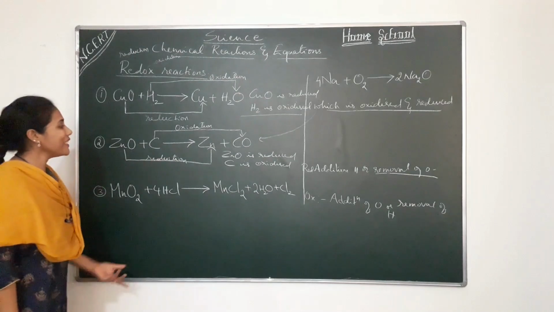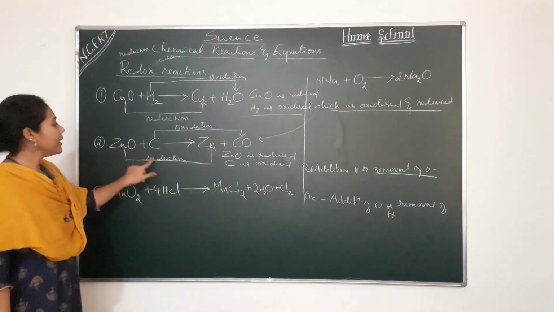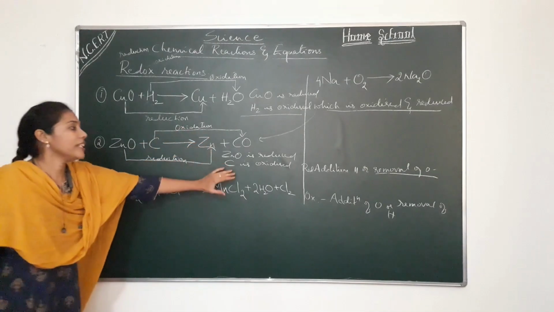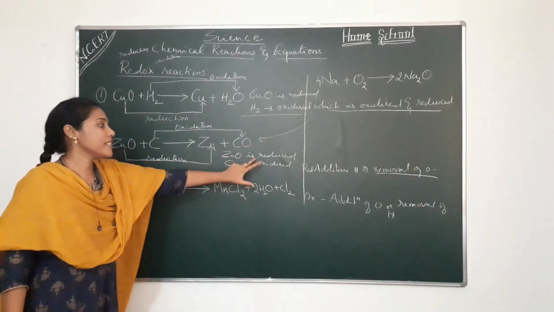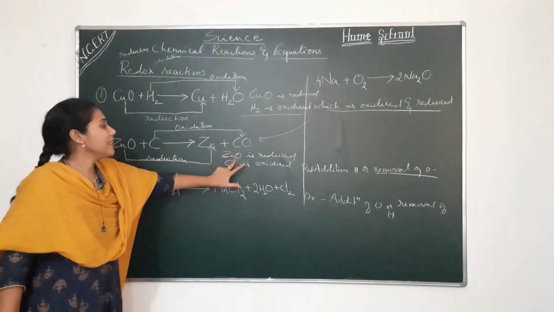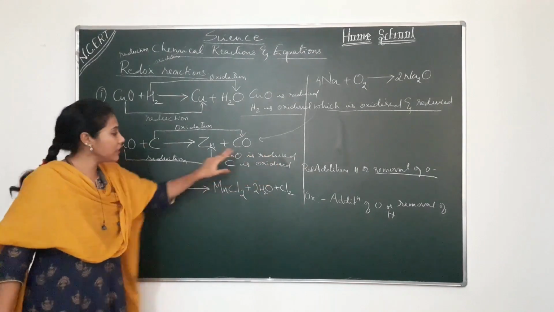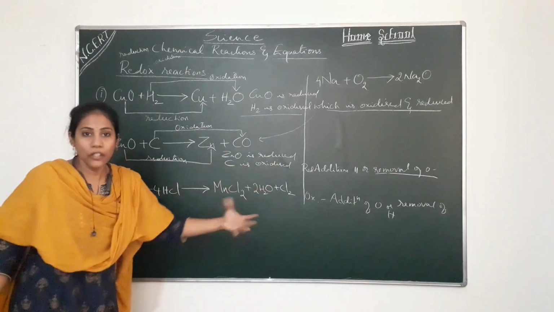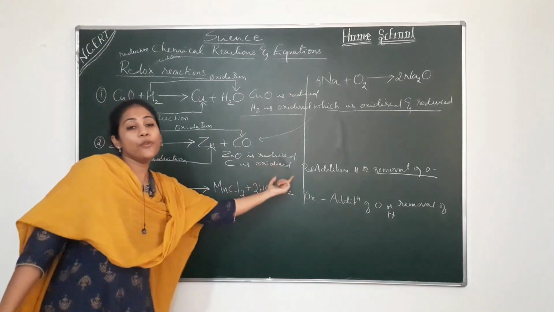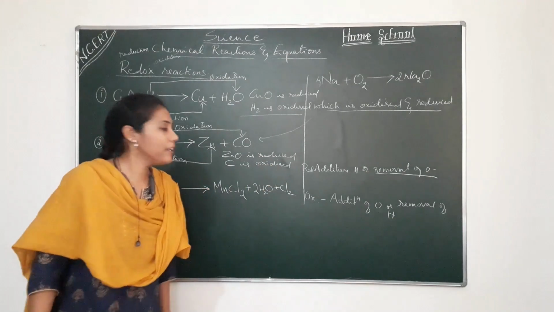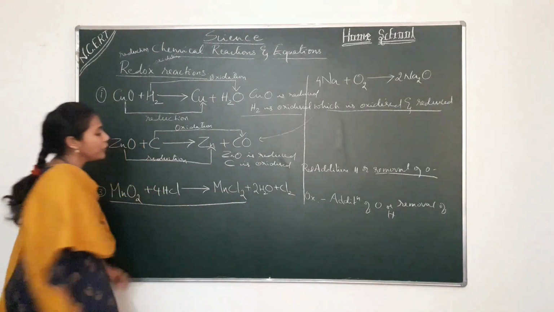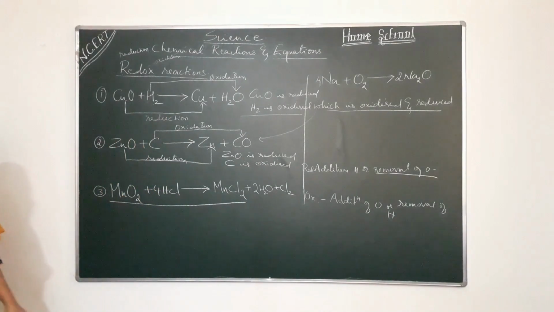Instead of writing that ZnO underwent reduction and carbon underwent oxidation, we write: ZnO is reduced, carbon is oxidized. The meaning is that ZnO is undergoing reduction and carbon is undergoing oxidation. This is the meaning of the words reduced and oxidized. Fine. Similarly, can you decide your answer for this equation?